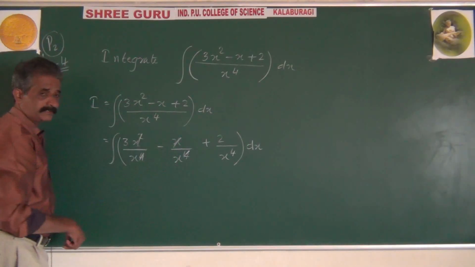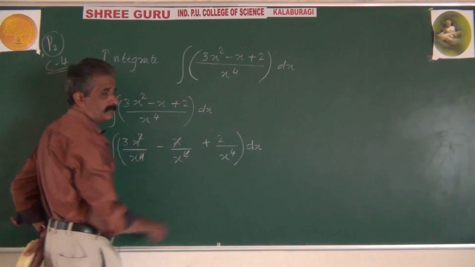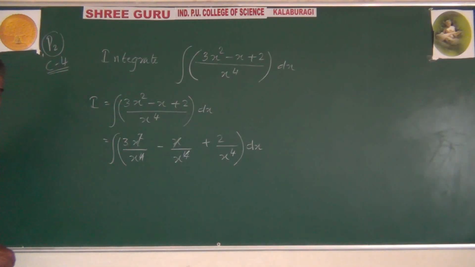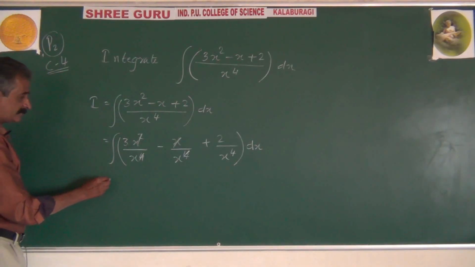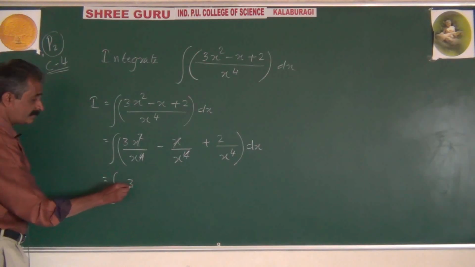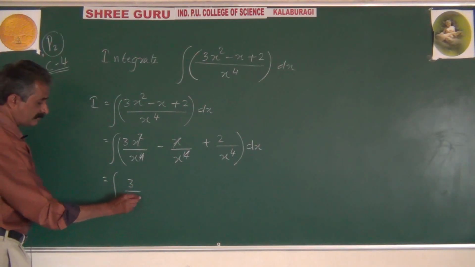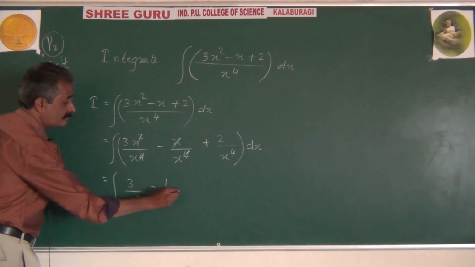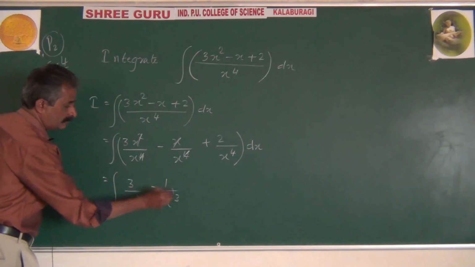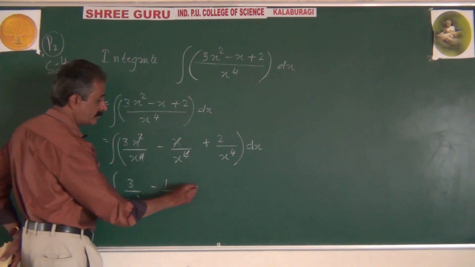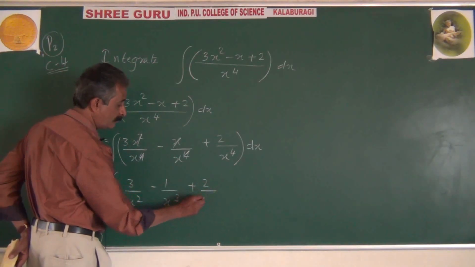Here x cancels. Here no question of any cancellation. Left is integration of 3 divided by x square minus 1 divided by x cube plus 2 divided by x to the power of 4.